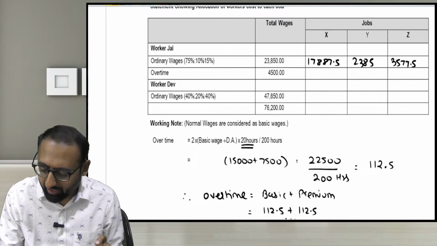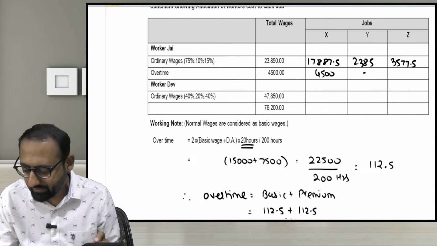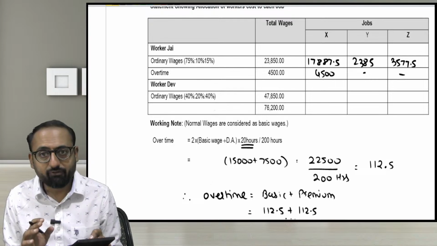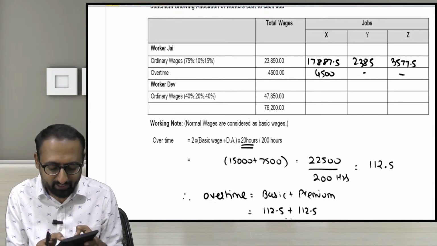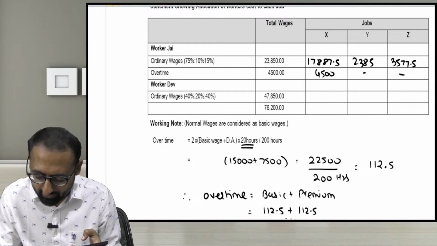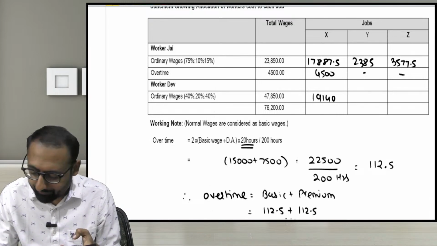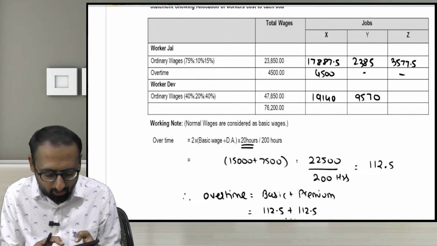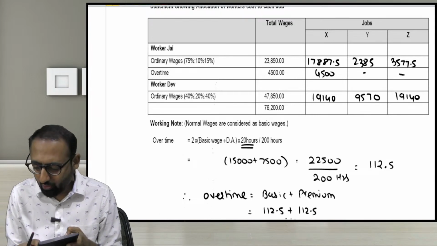Next situation, overtime will be entirely applicable to, guys, job number X. Next one, worker Dev, you can check that 47,850 is the total wages, and 40%, 20% and 40% will be the allocation. 19,140. 0.20 if you take 9,570. 0.40 again 19,140.